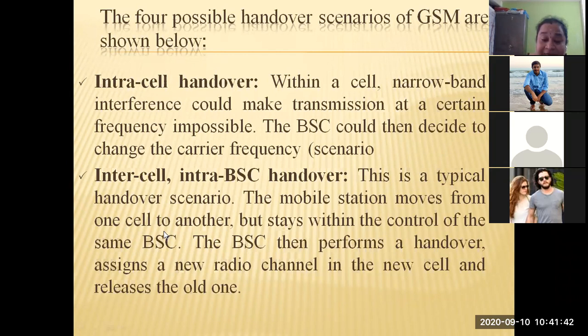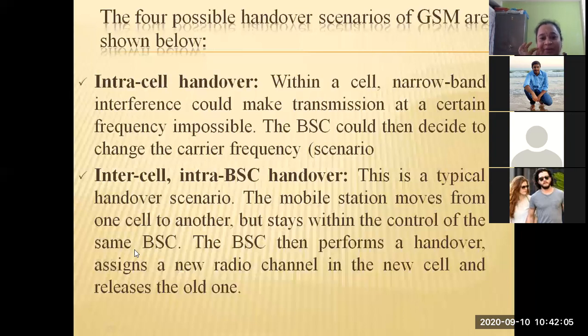Next one is inter-cell intra-BSC handover. That is, there will be inter-cell communication, but the BSC remains the same. This is a typical handover scenario in which you are moving from one cell to another, but staying within the control of the same BSC.